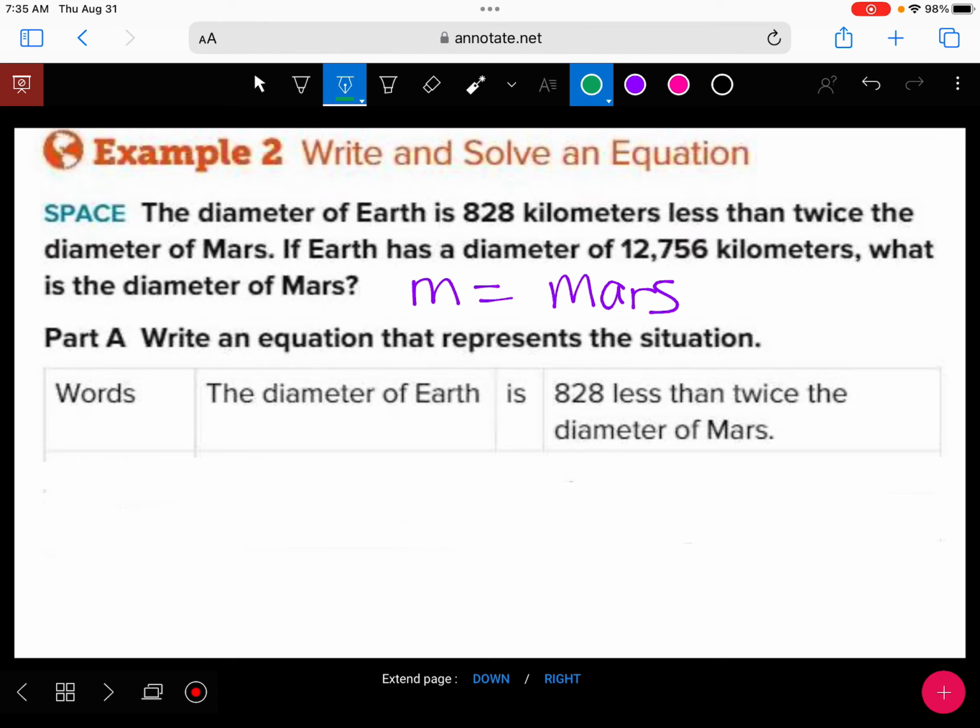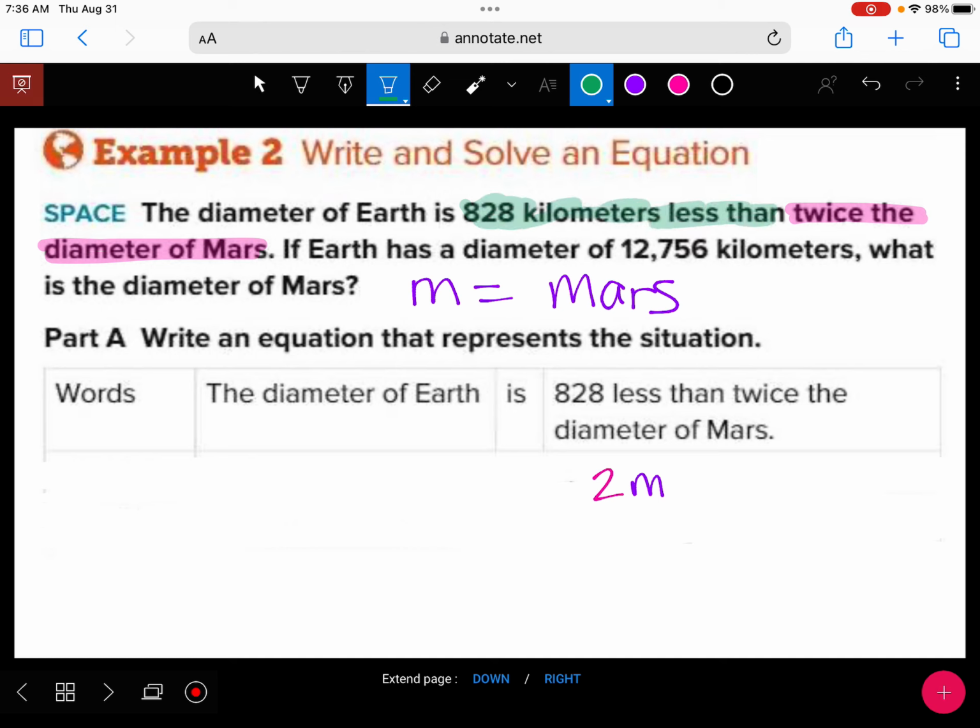Your instinct's good. Okay? So what I'm going to do is take the exact words we have here. Twice the diameter of Mars. How can I write twice Mars if I don't know what Mars is? 2m if we're going to use m as our variable, or 2x is totally fine. How do I say 828 less than that?